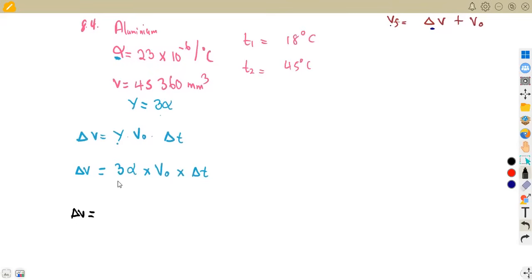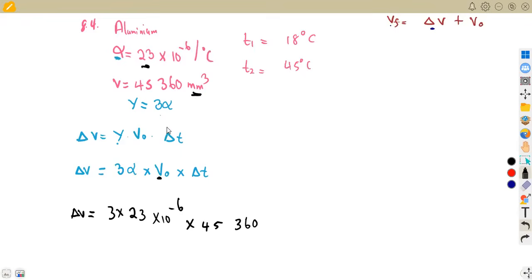So therefore, our change in volume is going to be 3 times the linear coefficient of expansion. This is your linear coefficient of expansion of 23 times 10 to the exponent of -6, times the original volume in this case. You can write those dimensions and multiply them, or you can just write the final answer that we got, which is 45,360 in cubic millimeters.